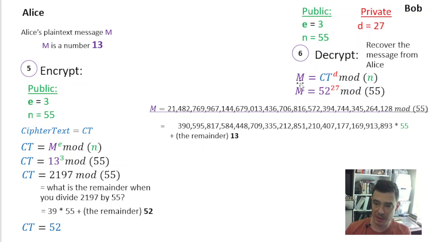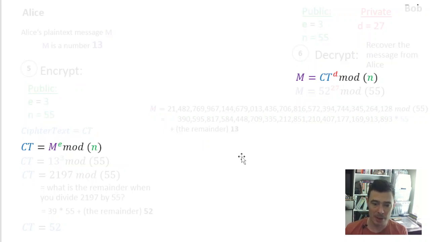She sends this message to Bob, and he is the only one in the world who knows what d is. So he takes 52 to his secret d. So 52 to the 27 is a really large number. It's the same thing as this really large number times 55 plus the remainder, which happens to be 13, which is the message m. He gets back the original message.